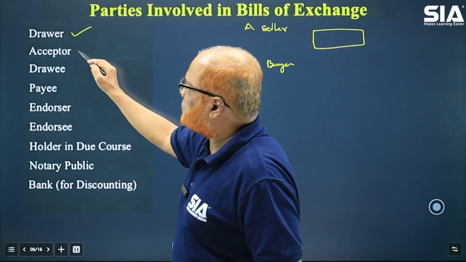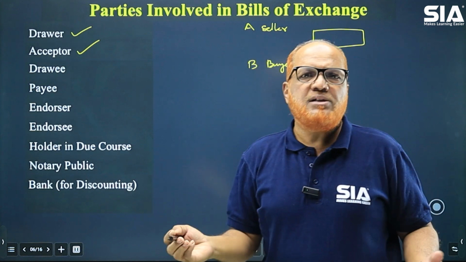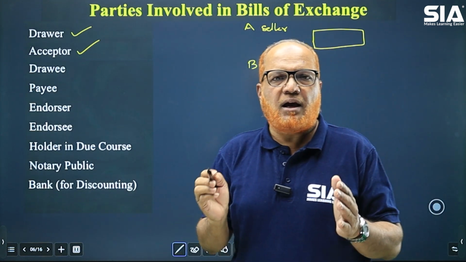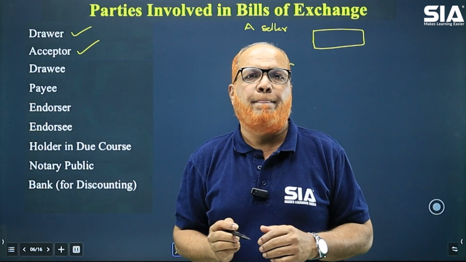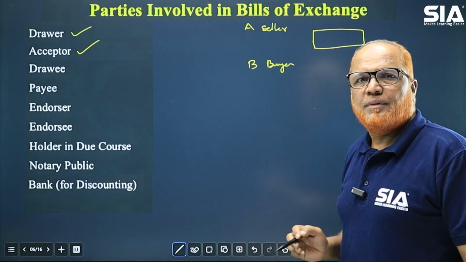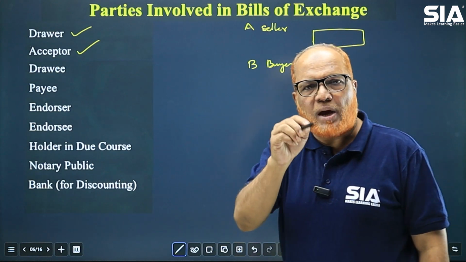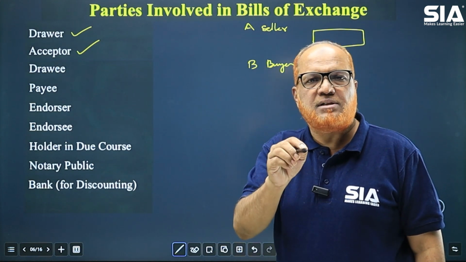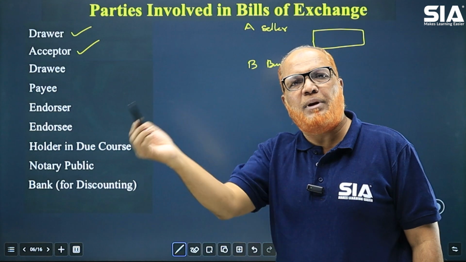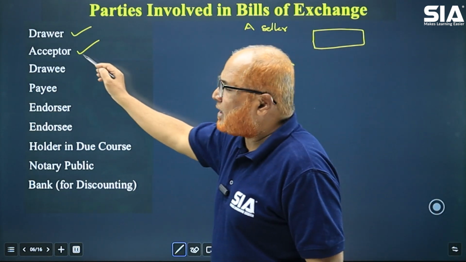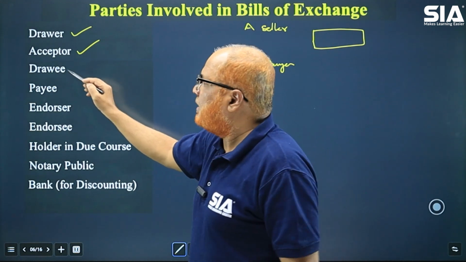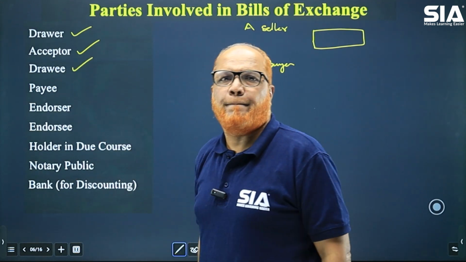Second is acceptor. The bill is not valid until and unless it should be accepted by the other party. The other party is B, the buyer. The buyer has to accept the bill, put a stamp and sign it, and return the bill back to the drawer. So acceptor, once he accepts the bill, he will become a drawee.